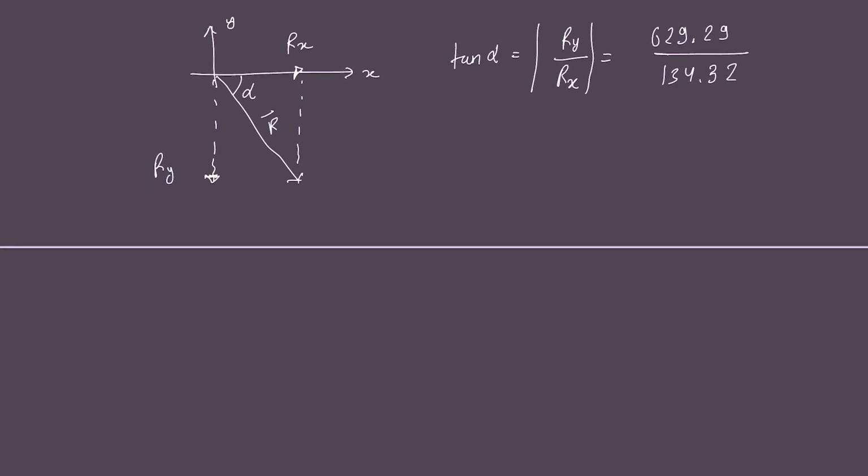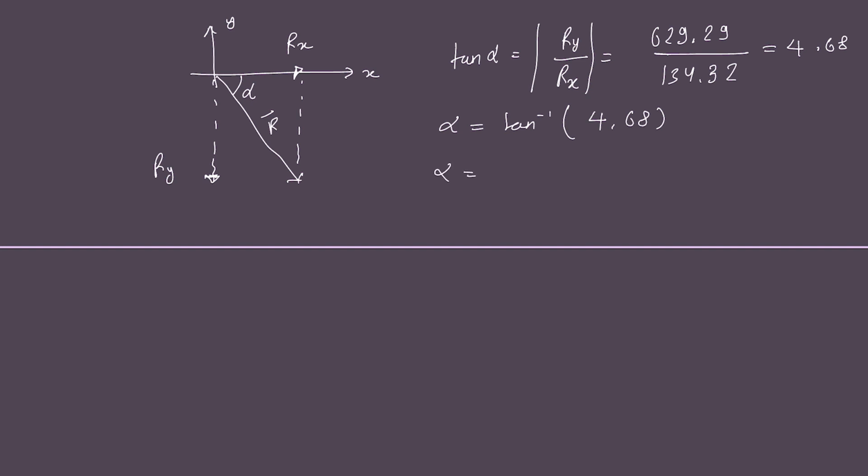If you divide that, let me just quickly grab my calculator, 629.29 divided by 134.32 is about 4.68, and then to get to alpha, you do this operation, tan inverse of 4.68. Tan inverse is the same as arc tangent, if you're wondering.